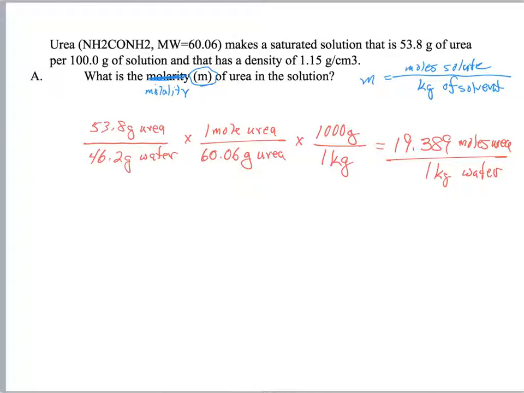Now, all of our numbers except for our volume have 3 significant figures, so we have to round that. It would be 19.4 molal. Remember, lowercase m is molal.